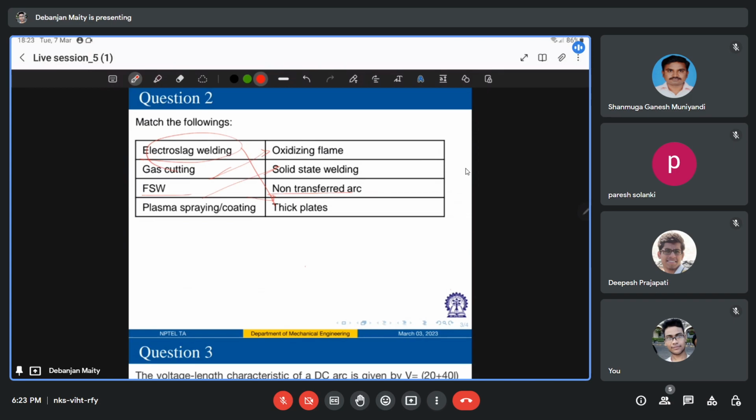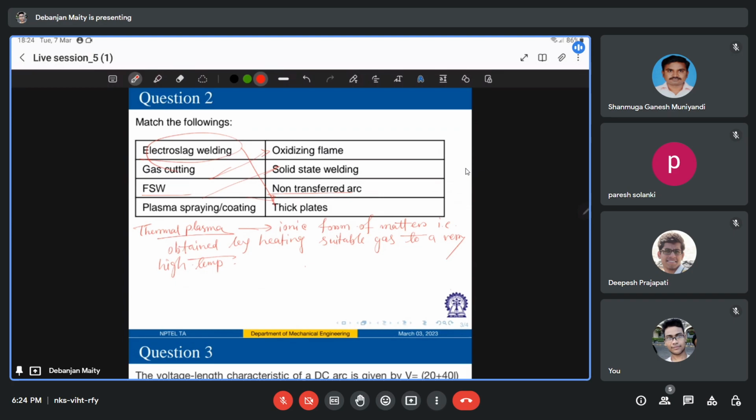So what is a plasma basically? Thermal plasma is a kind of ionic form of matter that is obtained by heating a suitable gas to a very high temperature.